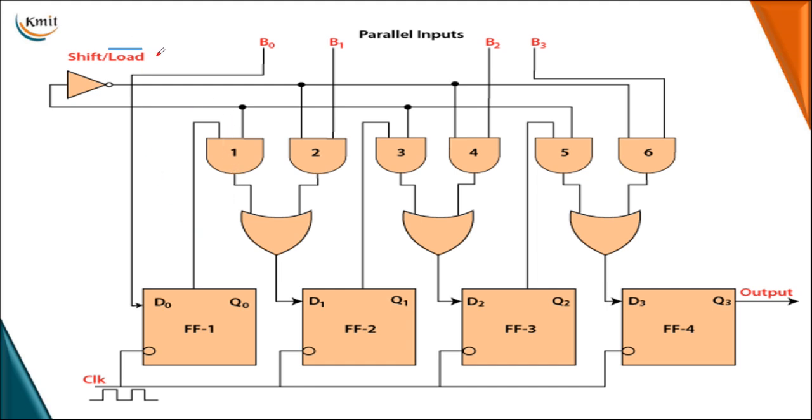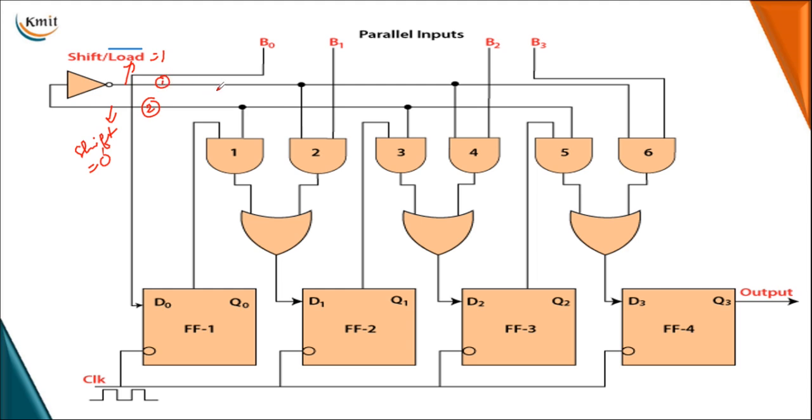Now when load bar is equal to 1, that means shift is equal to 0. So load becomes 1 and shift bar is equal to 1. This line belongs to load bar and this line belongs to shift. When shift is 0 and load bar is equal to 1, the first line will be in an active state, and the second line will be in an inactive state.